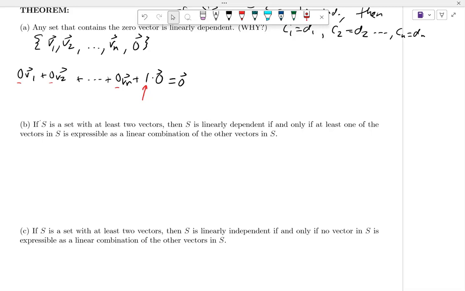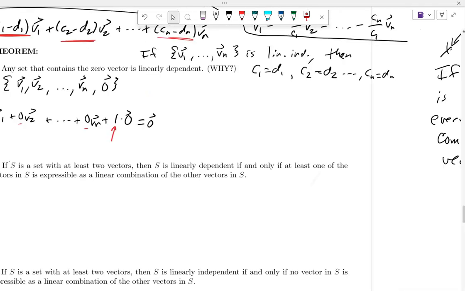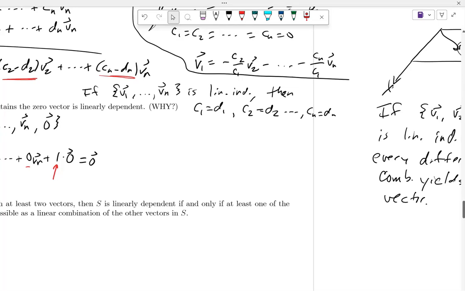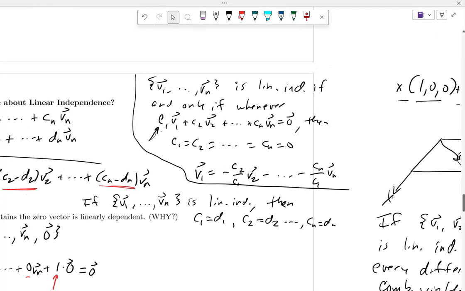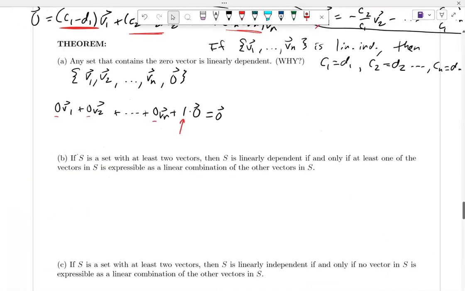I said that if it's not linearly independent, so you had this equation, then one of these constants needs to be non-zero, or you can find at least one constant that's not zero, and then you can solve. That was what I did here, right? Do I have a linear combination of the other vectors now? Yeah.